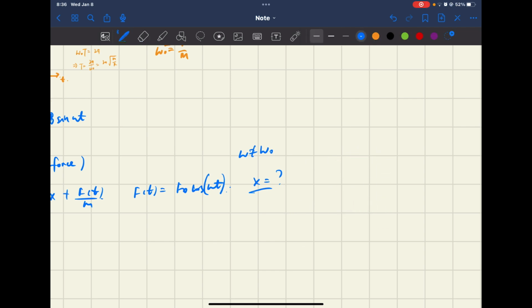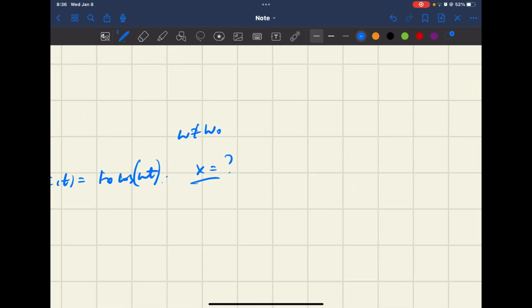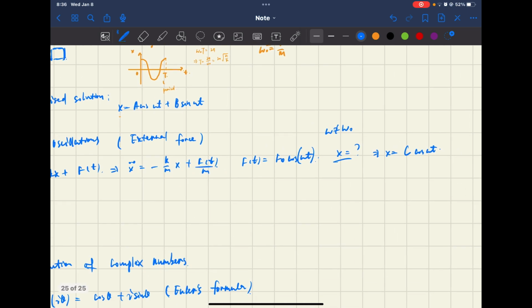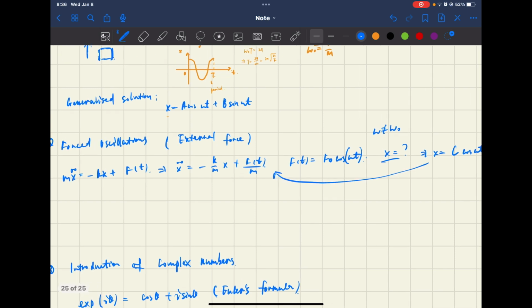So we can now write our trial solution, which is x equals c cosine omega t, where c is a constant. We are now solving for c. We substitute the solution back into this equation, and what do we get?